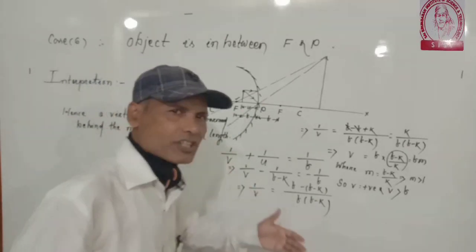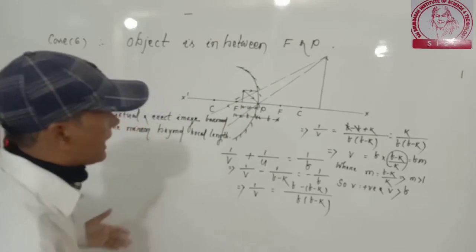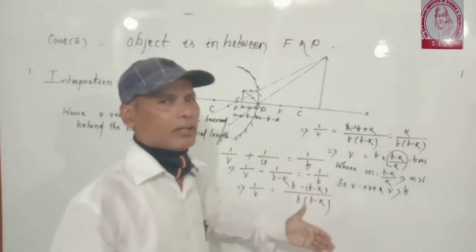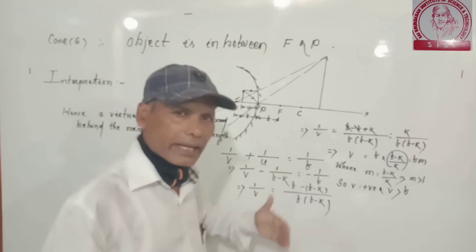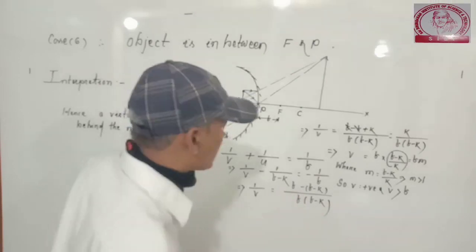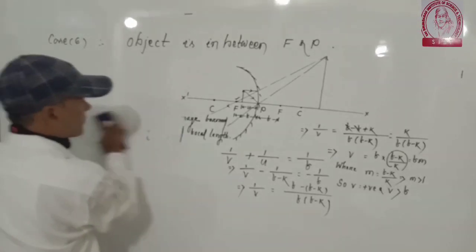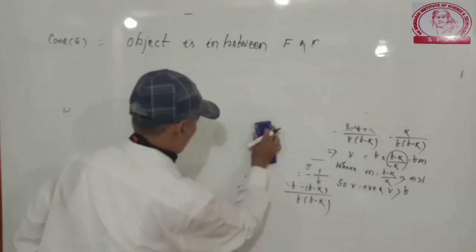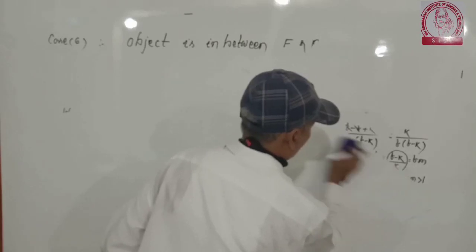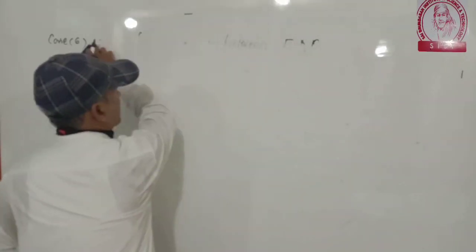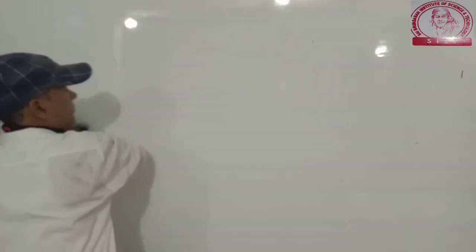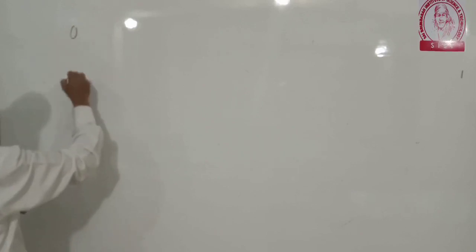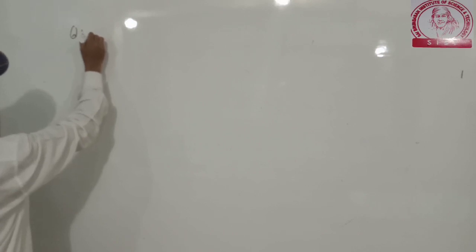So now the next question is, explain the image formed by a convex mirror at different object positions.